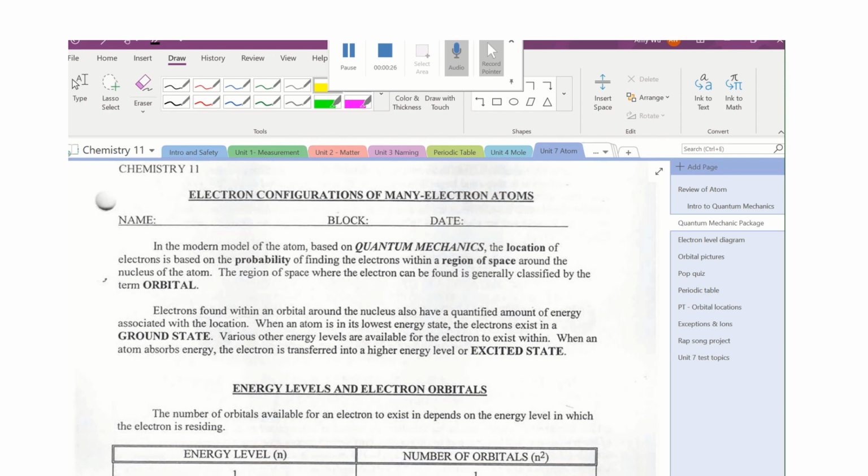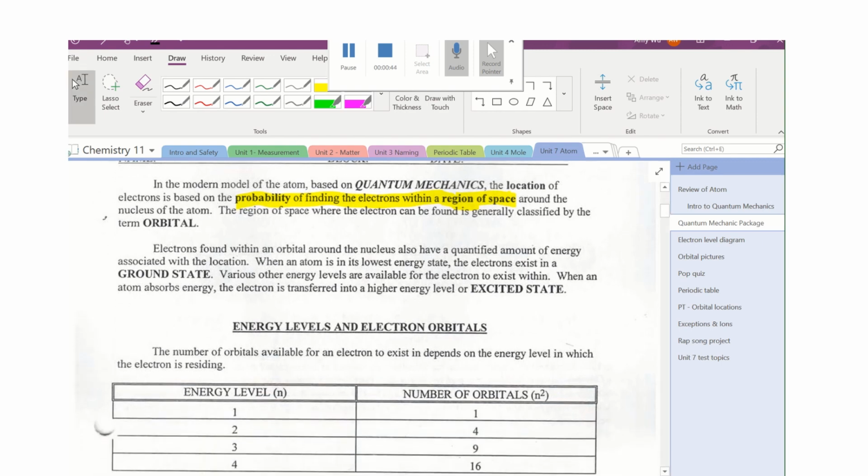Based on the probability of finding them, there's a highest probability of finding these electrons within a region of space. So it's 3D, and instead of orbits, now we call them orbitals.